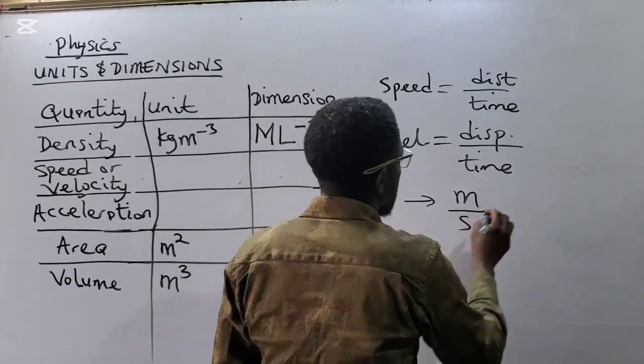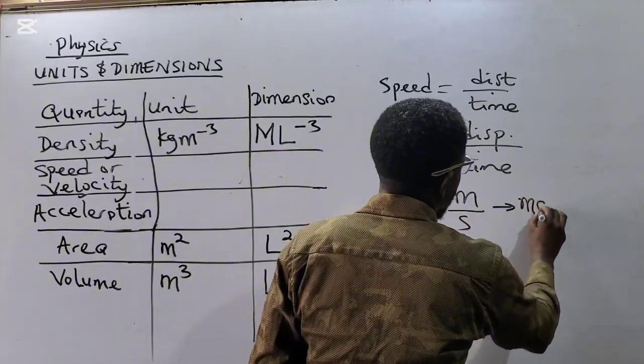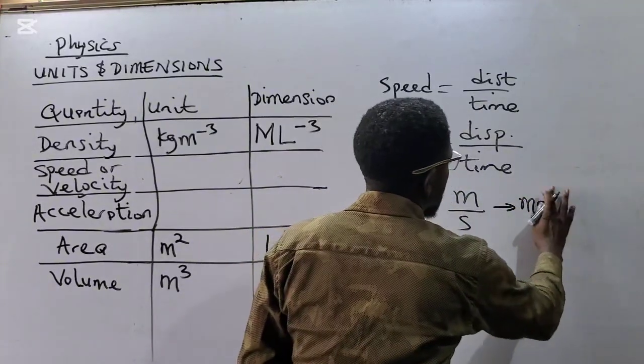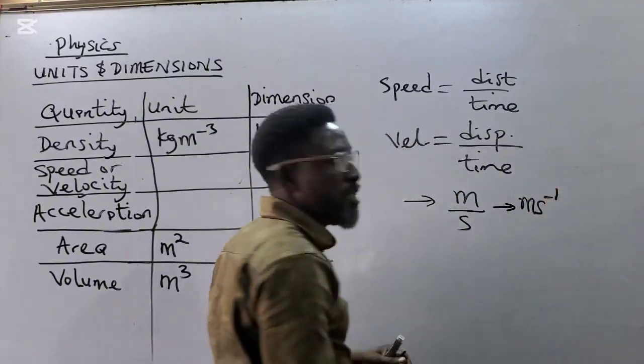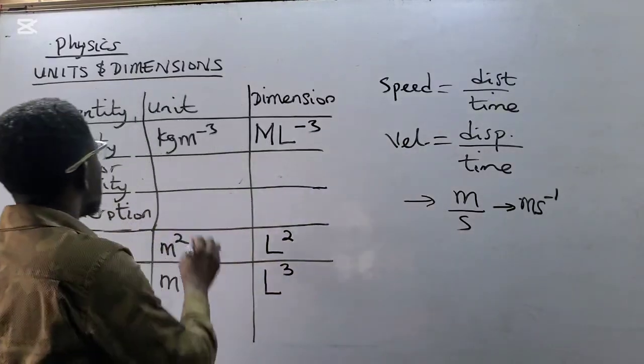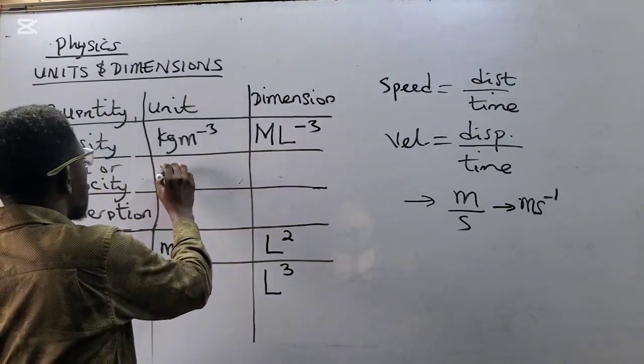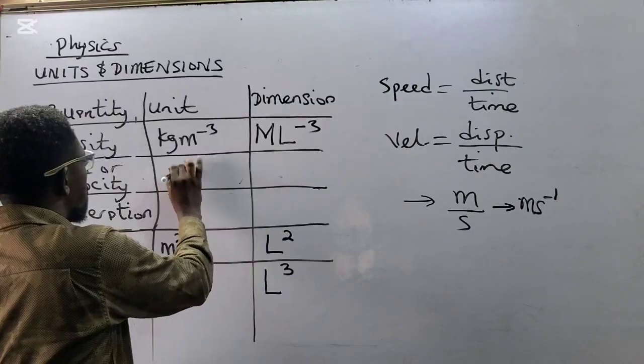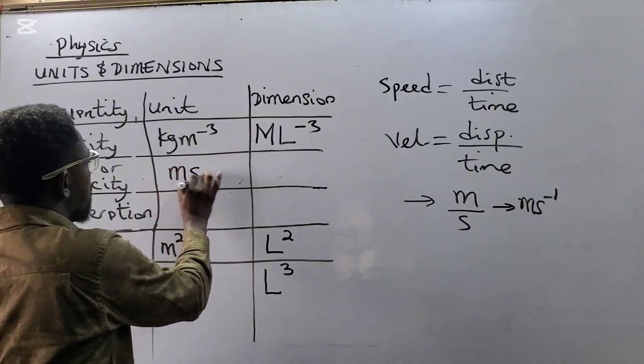So the unit of speed or velocity becomes meter per second.